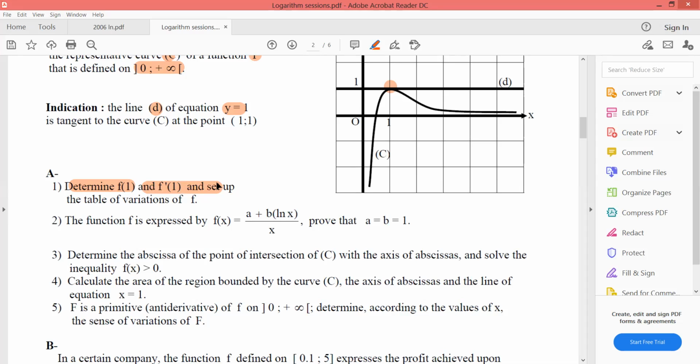I want to discuss. Suppose we have the following table: x, f prime x, f x. Suppose 0 to plus infinity is the domain, for example, and we have positive then negative around 3.